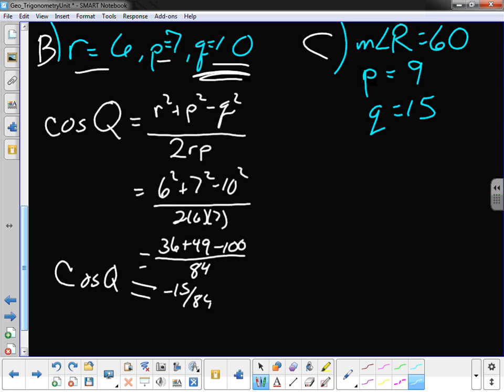Now how do I find the measure of the angle? To find the measure of the angle, I do the inverse cosine. So the inverse cosine of negative 15 over 84 would be what I would look for.